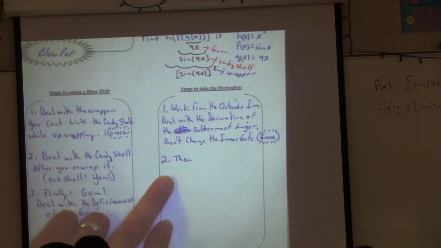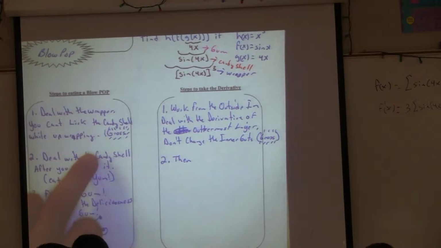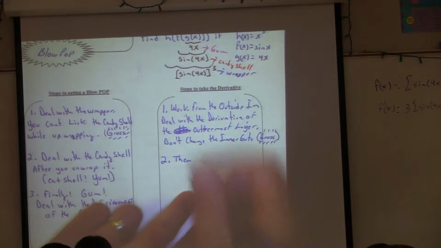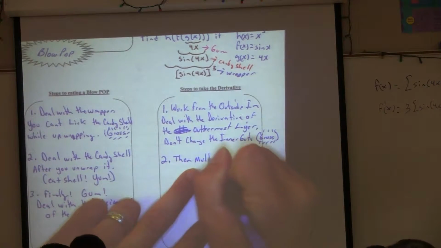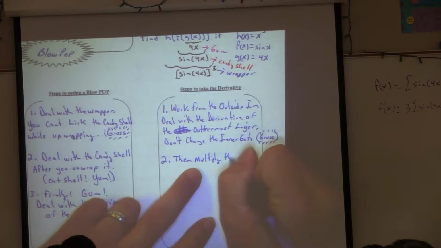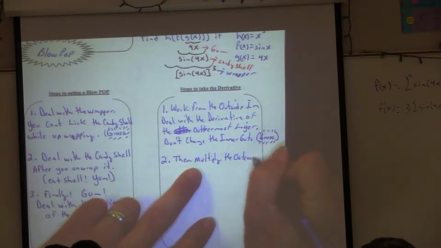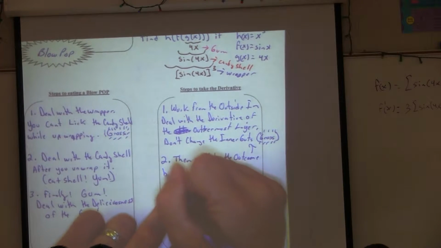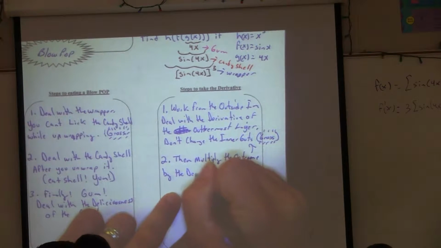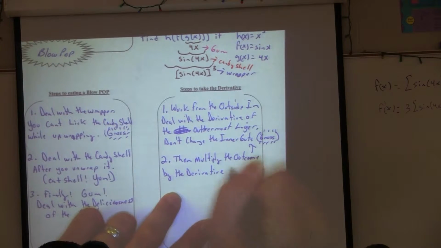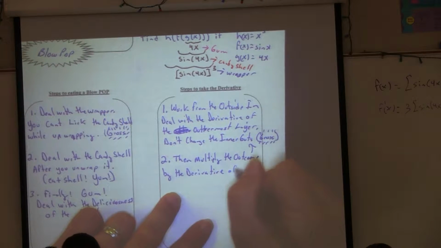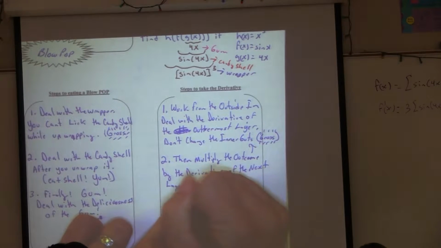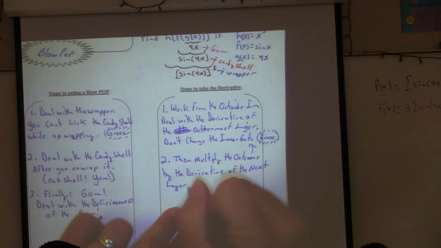What do we have to deal with now? The next layer, right? Which is the candy shell, which is sine of 4x. So what you're going to do is you're going to multiply the outcome, which is what I got up here, by the derivative of the next layer. What are we not going to touch now?